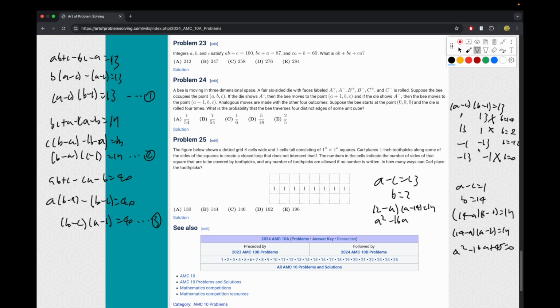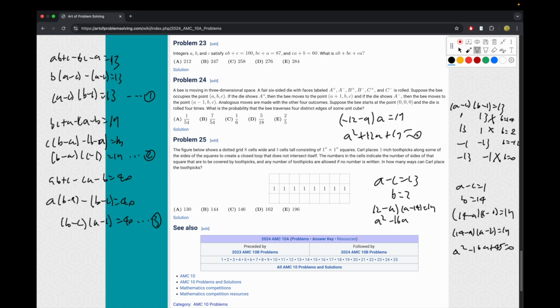Then naturally, b must be negative 12. Let's fact check that. We have c minus 1, and what is c minus 1? It's simply a. So a squared plus 12a plus 17 equals 0.